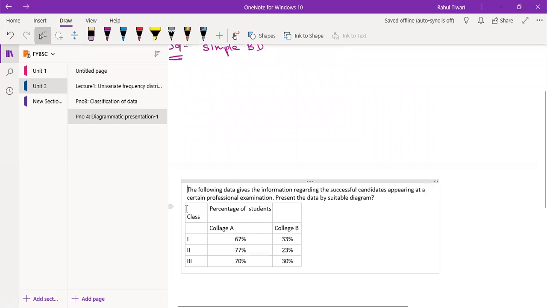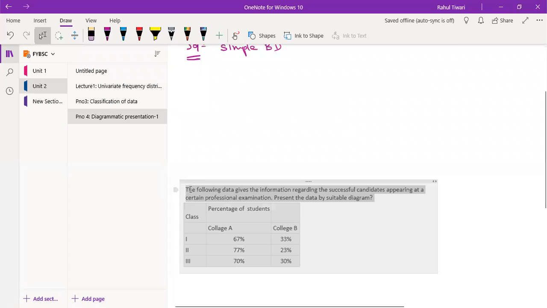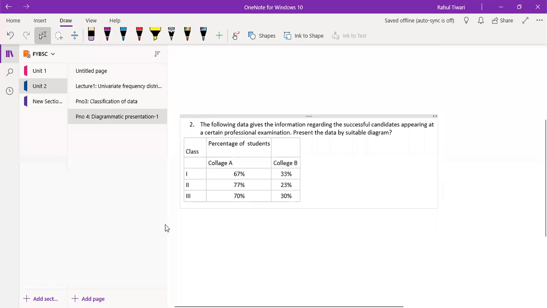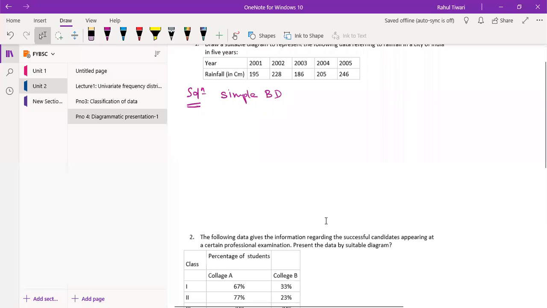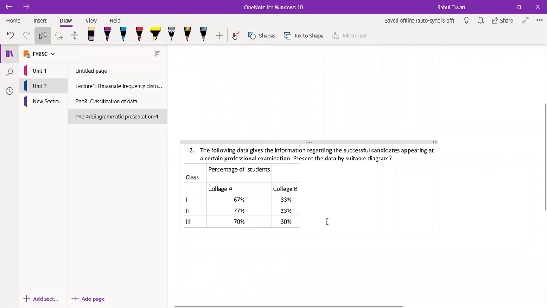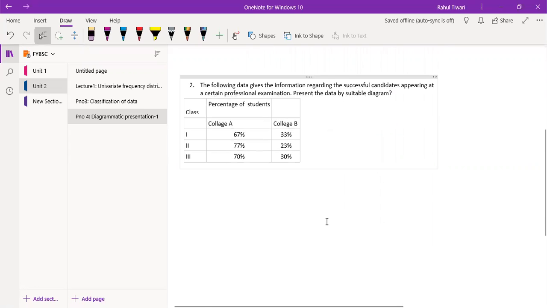Somebody is saying that I can take x axis... on x axis we can consider... you're saying it is classes, right? Okay, but is that classes will be okay?